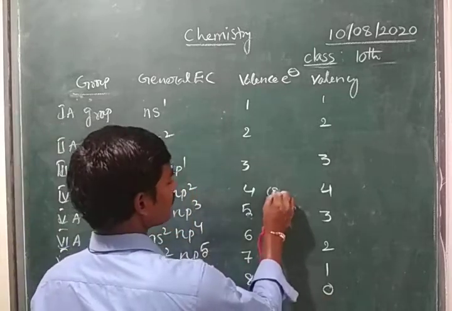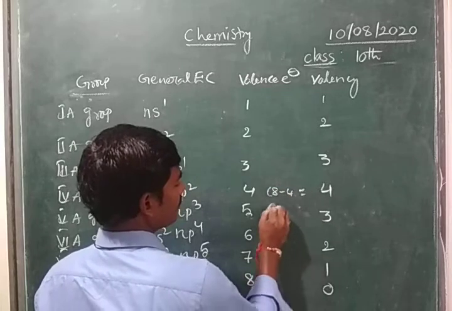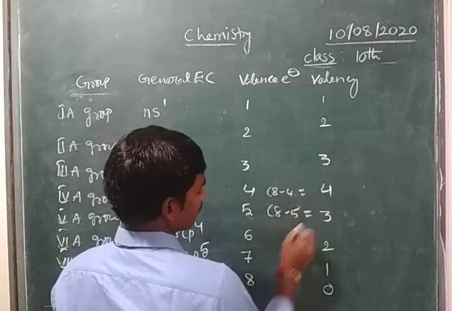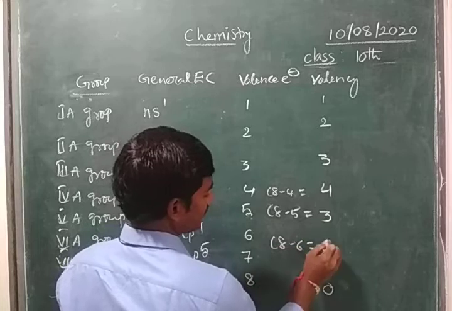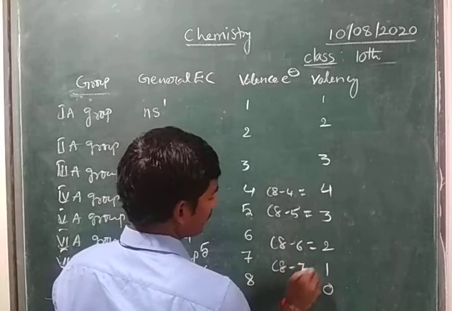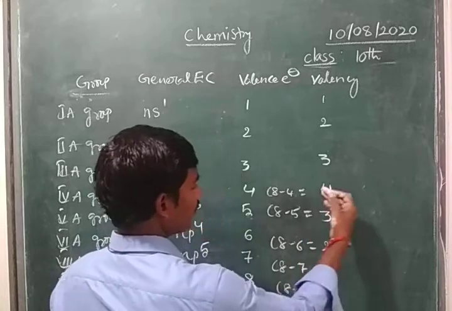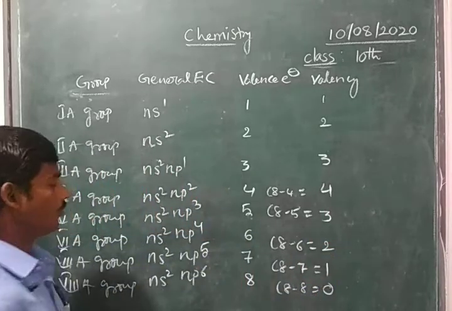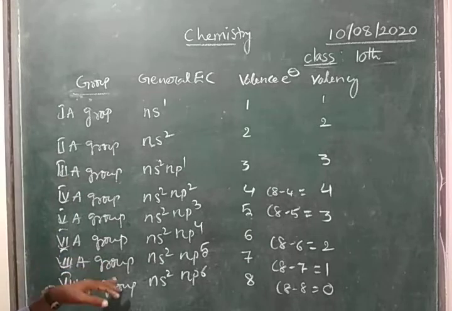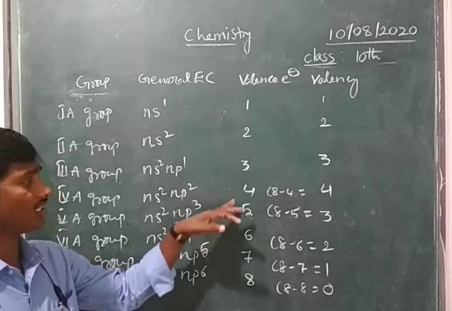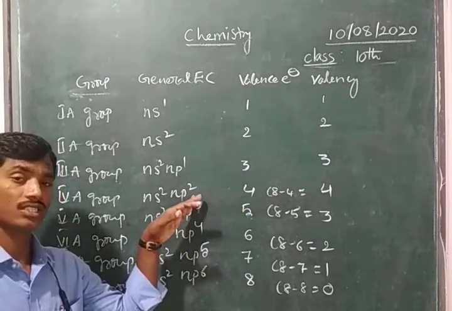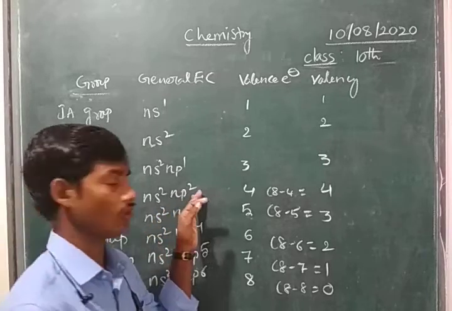Here 8 minus 4. Here it is 8 minus 5. Here it is 8 minus 6. Here it is 8 minus 7. Here it is 8 minus 8. Right children? So this is about valences of 4th A group, 5th A, 6th A, 7th A, 8th A group elements. Like carbon, silicon, these we have to consider as non-metals.